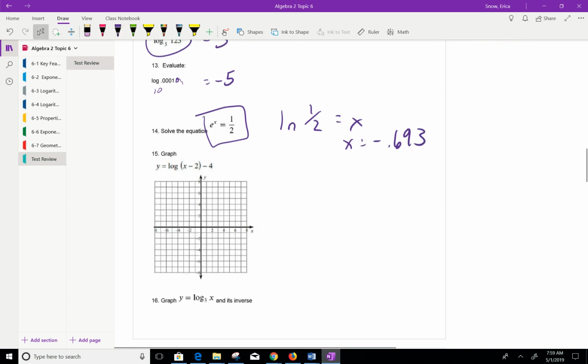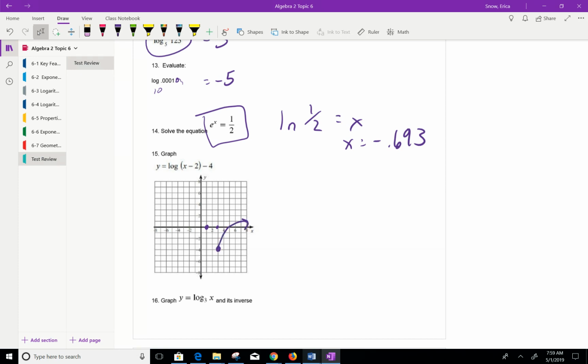So this is going to be done. Okay, to graph this, remember logarithms start out here and go flat. And they typically have that x-intercept at 1. So we, again, just like we did for the exponential, we're typically here at 1, but we've shifted left 2 and down 4.